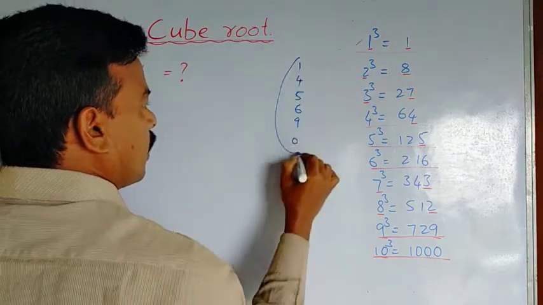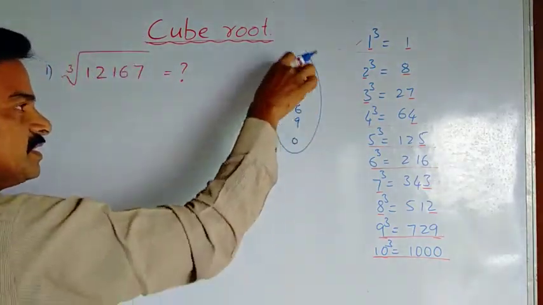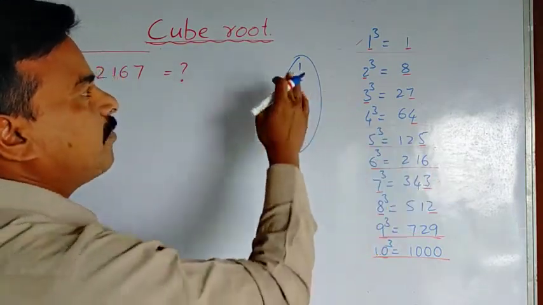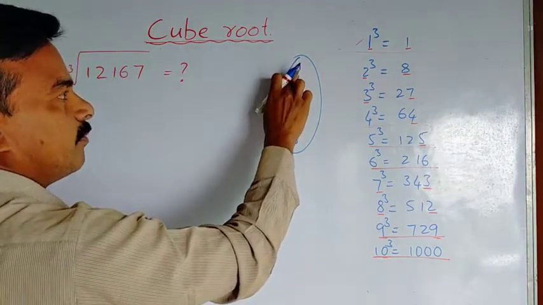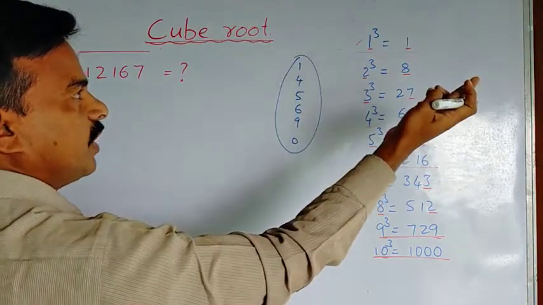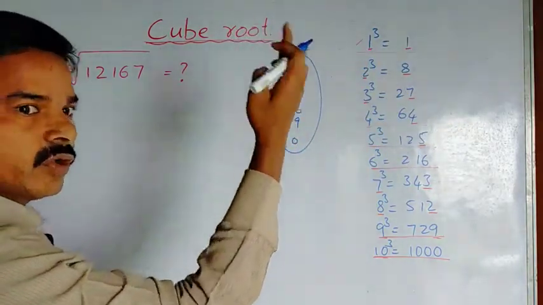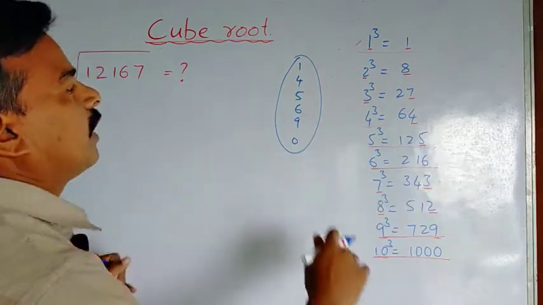That means if a number ends with 1, its cube also ends with 1, and if a number ends with 4, its cube also ends with 4. Like that, so on.